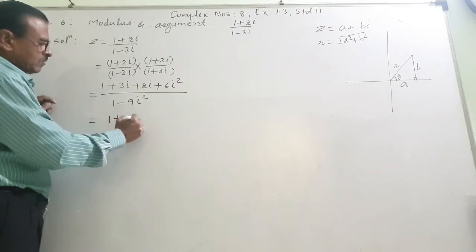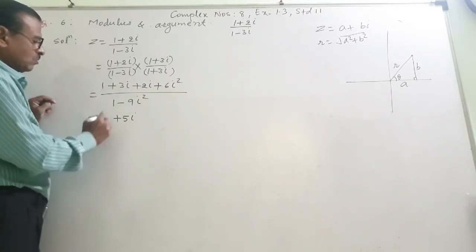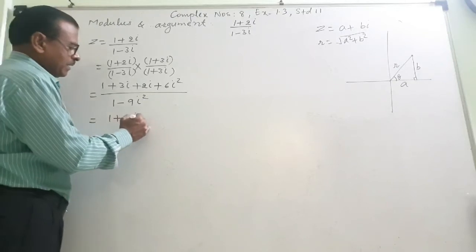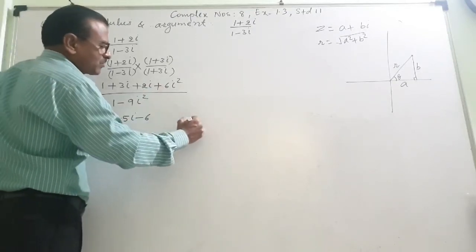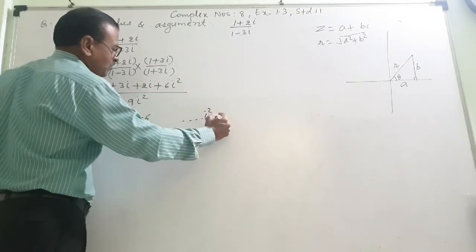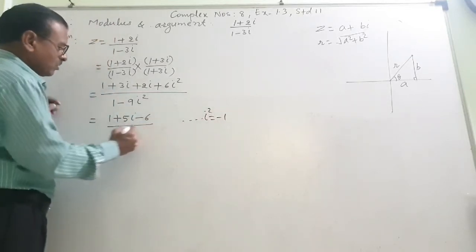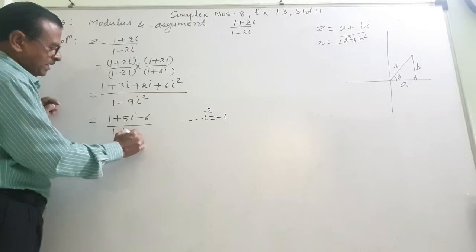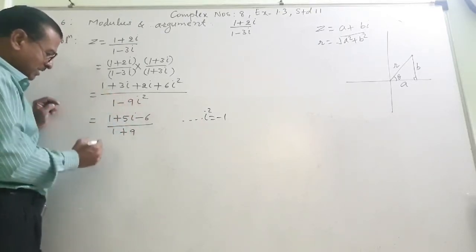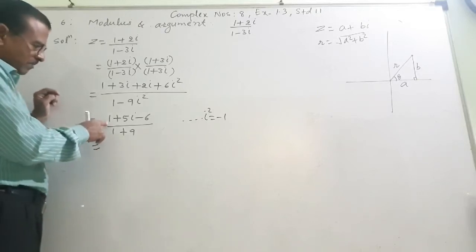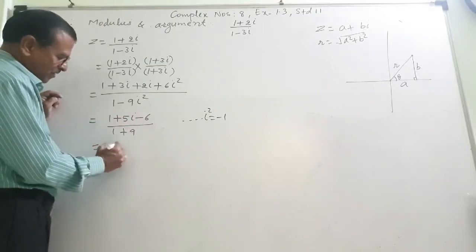And minus 6. Why minus 6? I square means minus 1. That's why i square equal to minus 1, upon 1 plus 9. Here also i square is equal to minus 1. Minus 1 into this, that way. Now this will be minus 5.